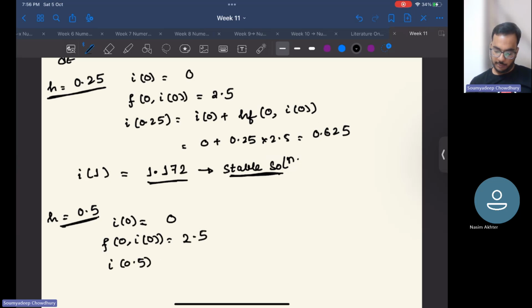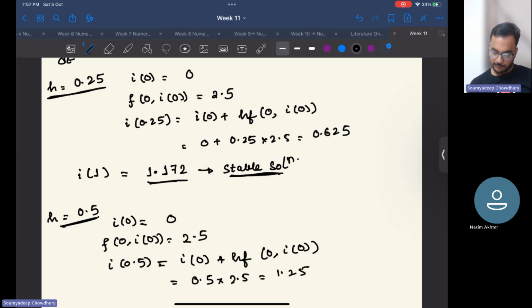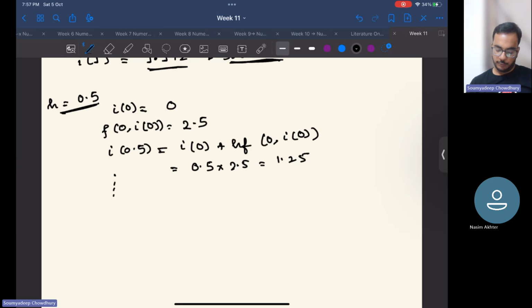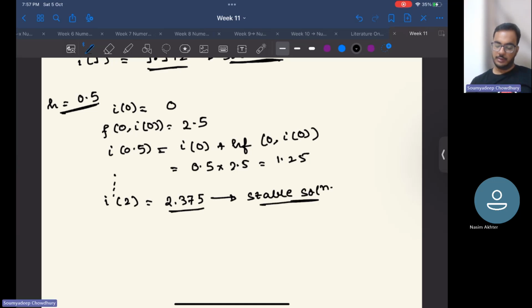Now I of 0.5 will be I of 0 plus h times f of 0 comma I of 0, so it is 0.5 into 2.5, which is 1.25. Like this, if we go up to I of 2, we get 2.37. So here also, this is a stable solution because it is continuously increasing.